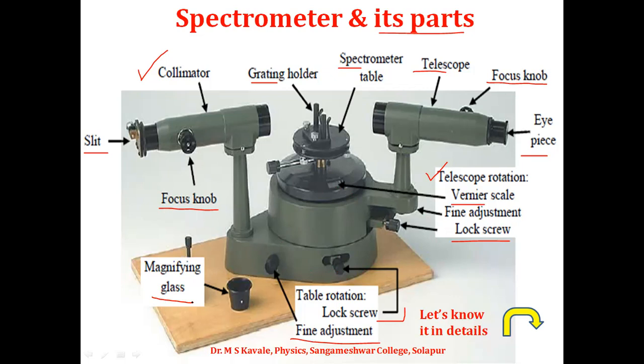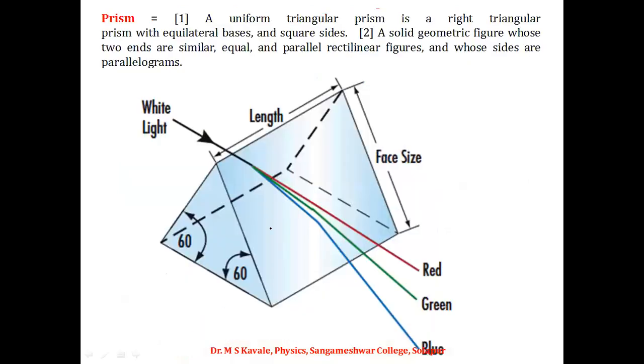Now let us know it in detail. So this is the definition of prism. What is a prism? The first definition: a uniform triangular prism is a right triangular prism with equilateral bases and square sides.